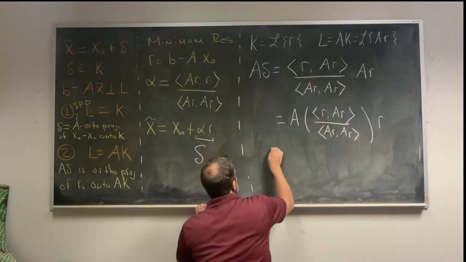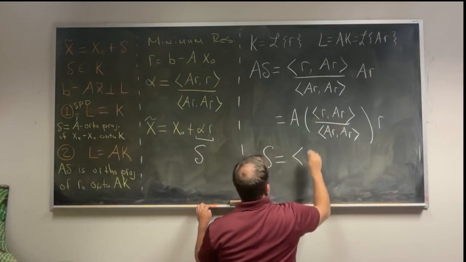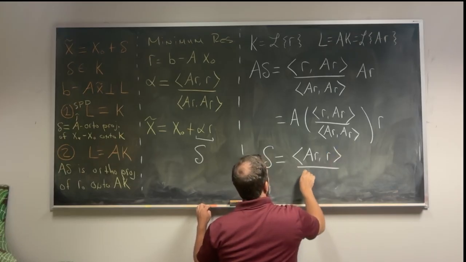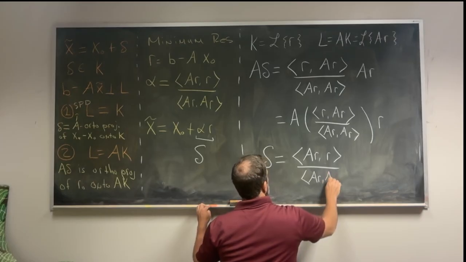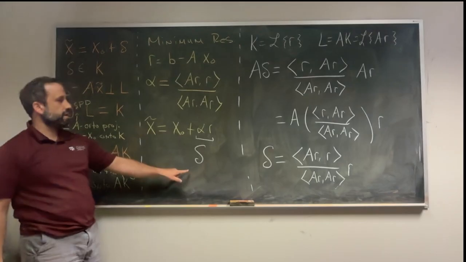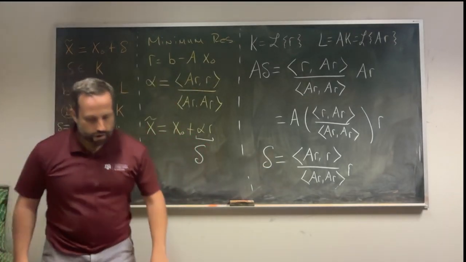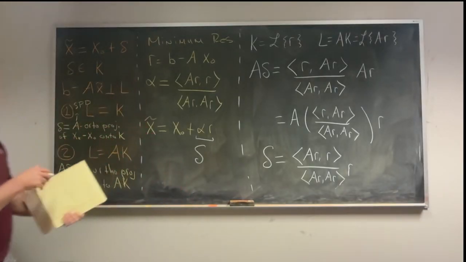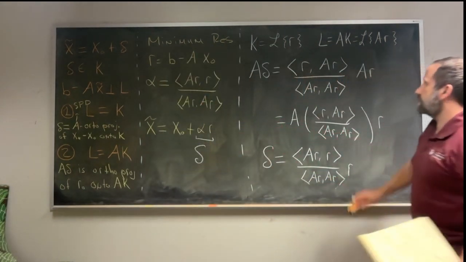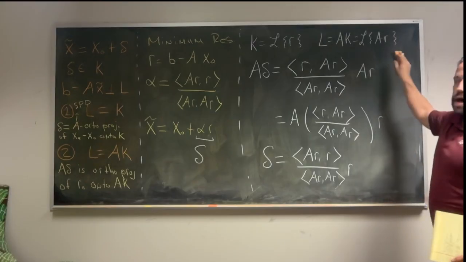Delta is equal to AR comma R, since this is a real inner product, divided by AR, times R. And that's exactly the formula we have here: ARR over AR. And so this tells us that the algorithm given by these formulas is exactly the algorithm that we get when K is equal to the linear span of R and L is equal to A times K.